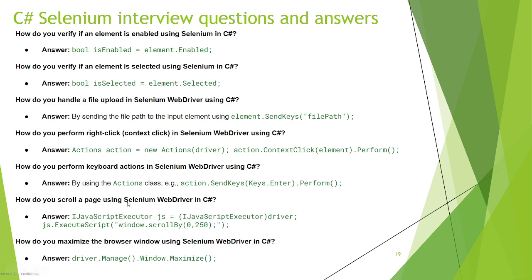How do you scroll a page using Selenium WebDriver in C Sharp? Here we can do it by using the JavaScript executor. We just need to put an I in front of JavaScriptExecutor in the case of C Sharp Selenium. Since this is an interface, we need to typecast the driver, and then we can use the ExecuteScript method with window.scrollBy, with coordinates like 0, 250.